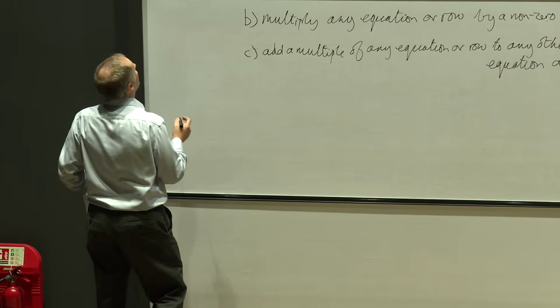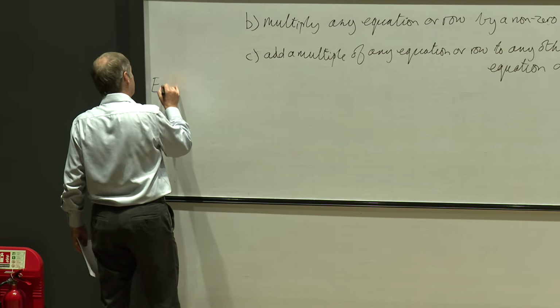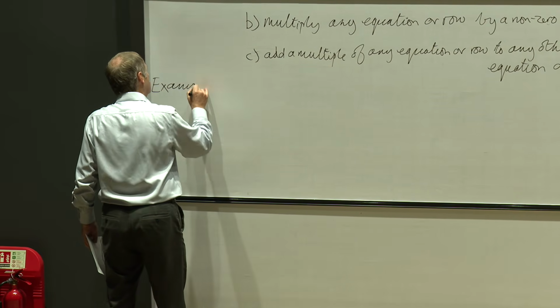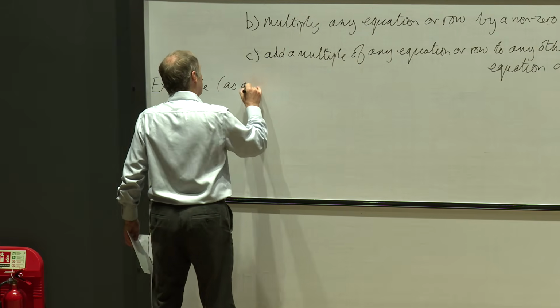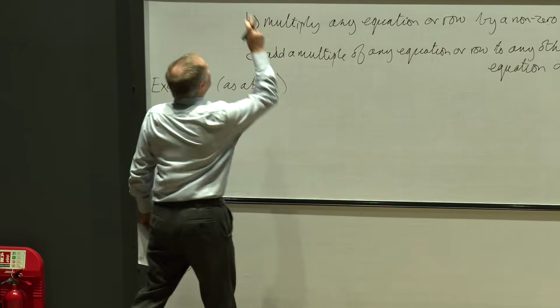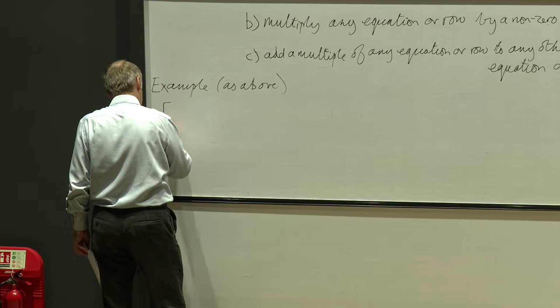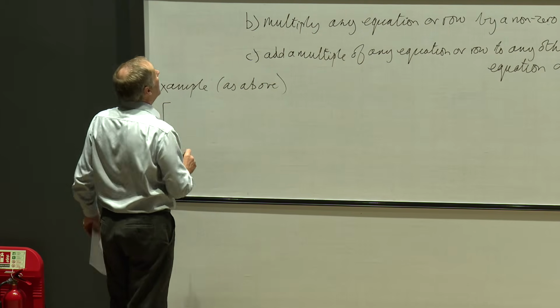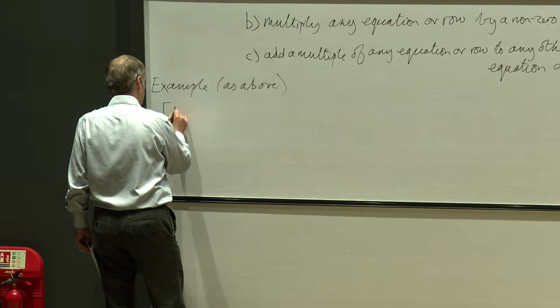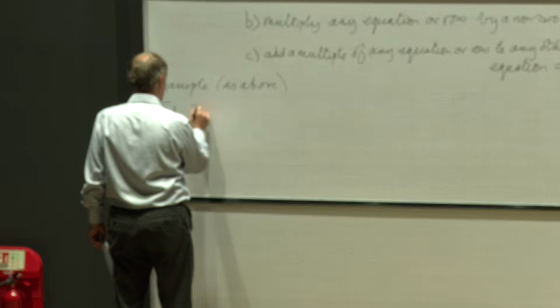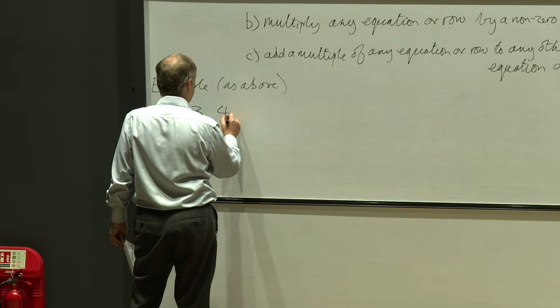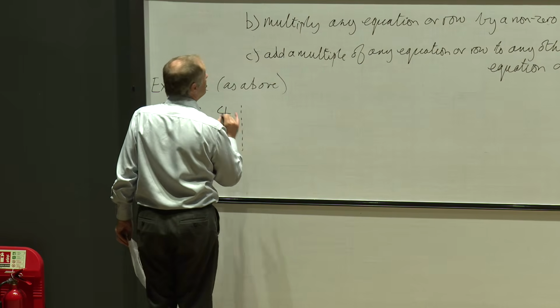So let me do an example as above. So this is exactly those equations there. Okay. So I start off with the augmented matrix 1, 3, 4, and then there's this little partition.